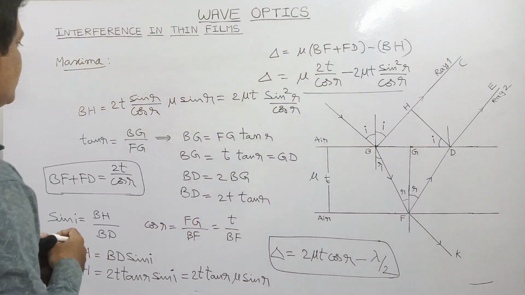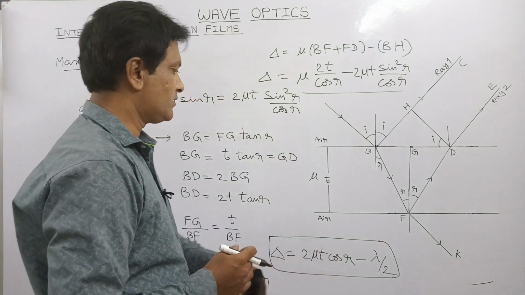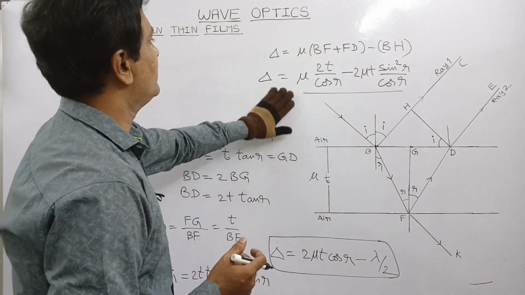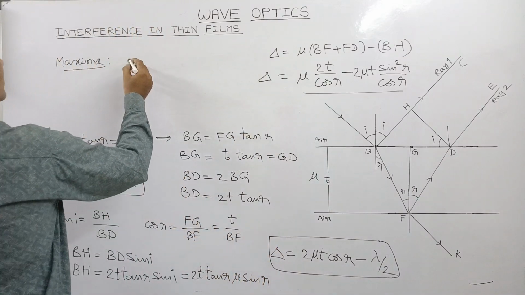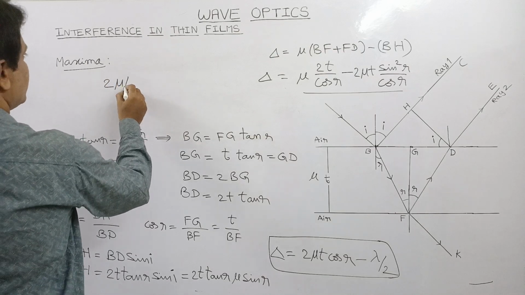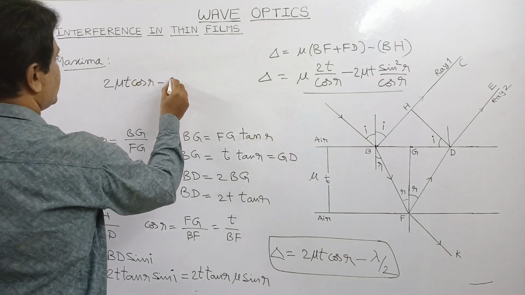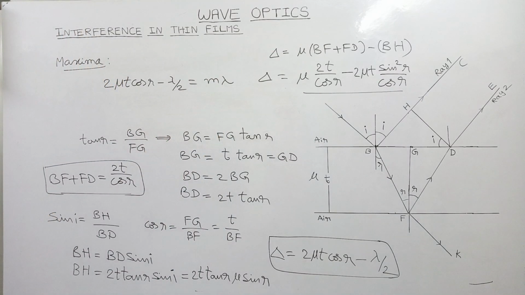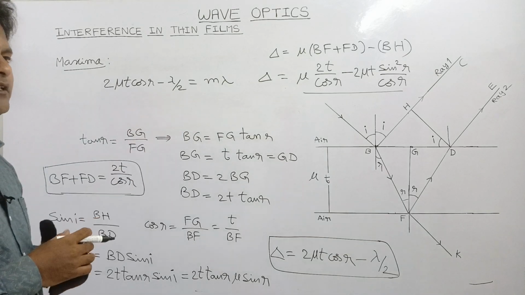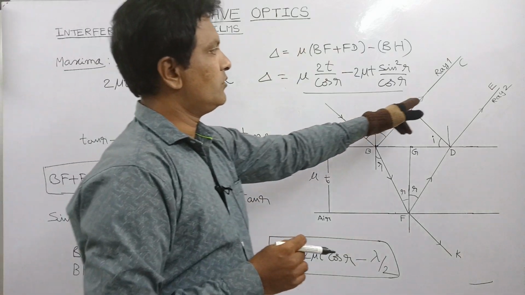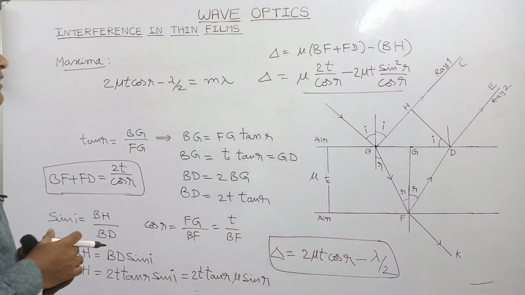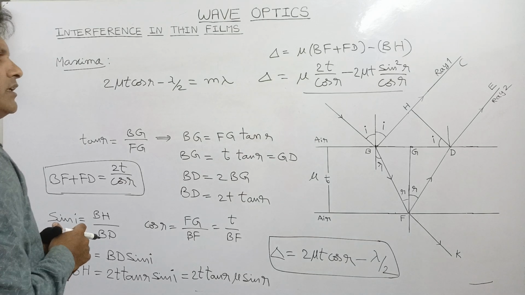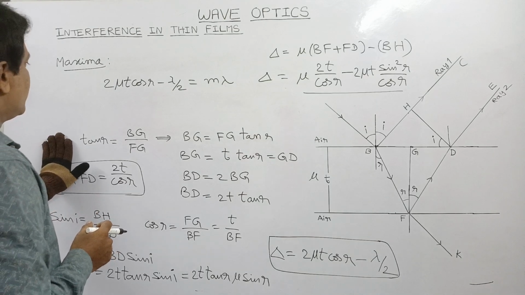Based on the optical path difference, the condition for maxima is that the optical path difference is an integral multiple of one wavelength: 2 mu t cos r minus lambda by 2 must be equal to m lambda. Then the condition of maxima will be satisfied. Ray 1 and ray 2 will interfere constructively to form the bright fringe, with crest to crest and trough to trough correspondence in the wave.